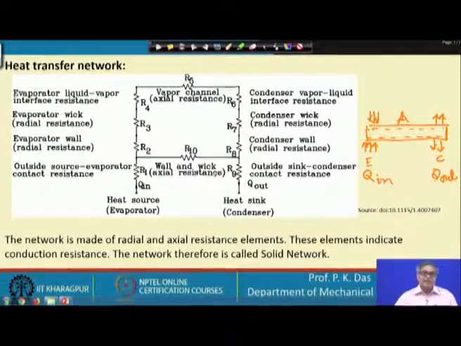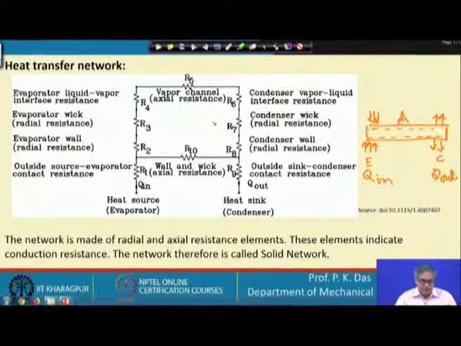So, we can see that there are two paths, one through the metallic structure directly from the evaporator to the condenser, and another more or less through the radial path. Of course, there will be the vapor channel. Most of the resistances are radial resistances, and through these heat will come to the condenser section.